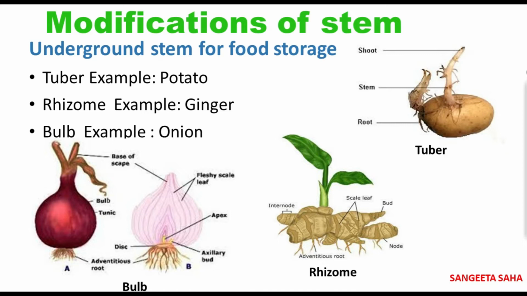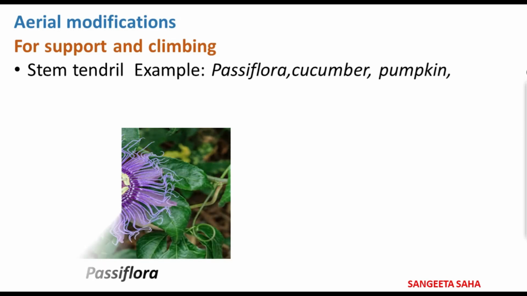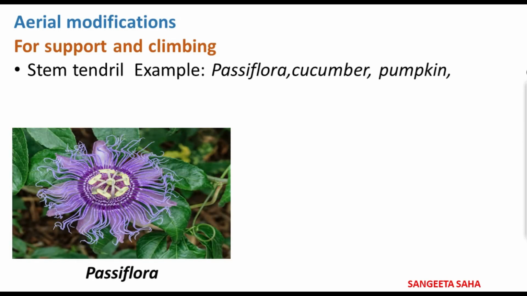Next, coming to another modification, that is the aerial modification, and this is done for support as well as for climbing. Now, tendrils are slender, spirally coiled structures, and they develop from the axillary bud.